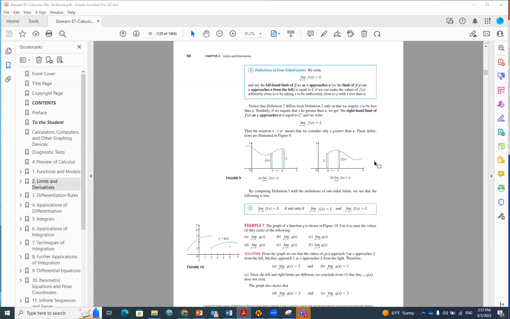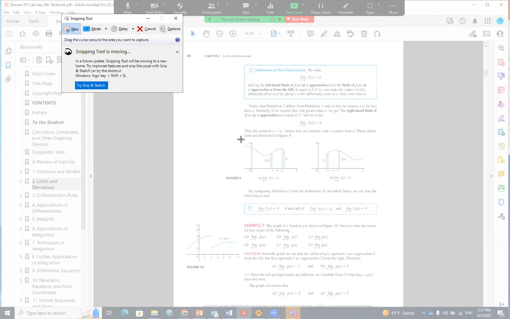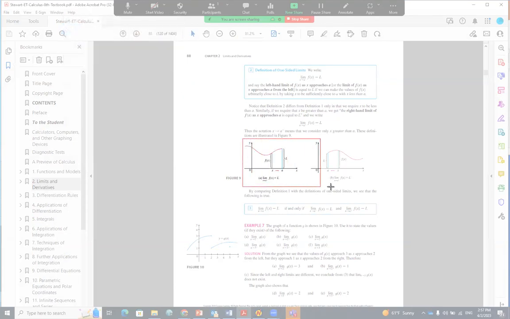So let me see if I can take that picture. Okay, so I'm going to take that picture and bring them right here.